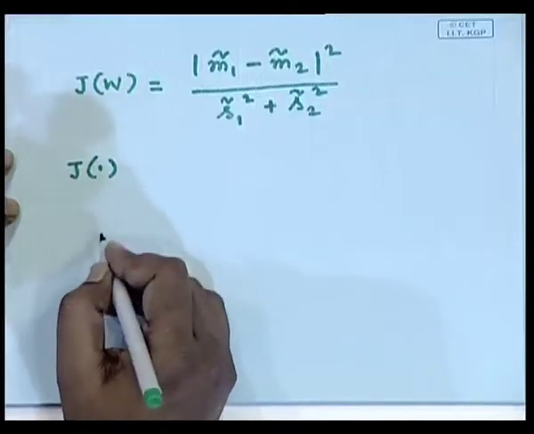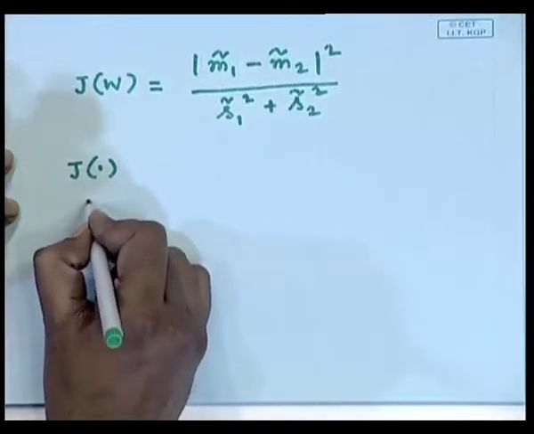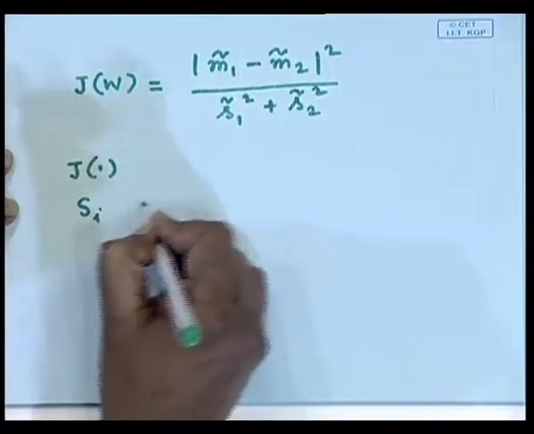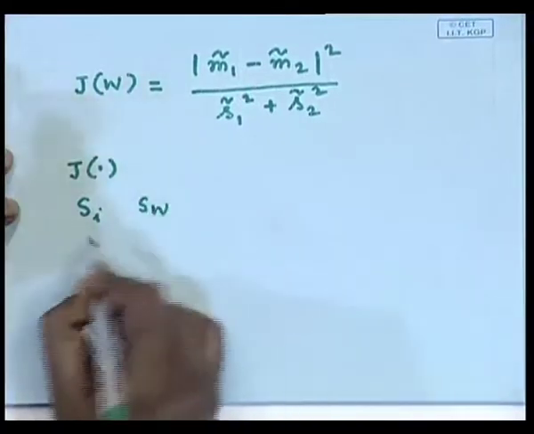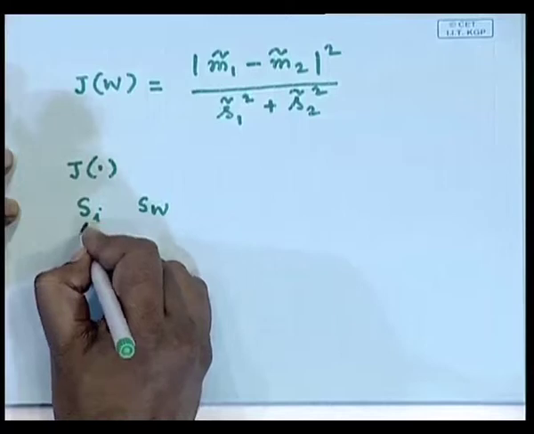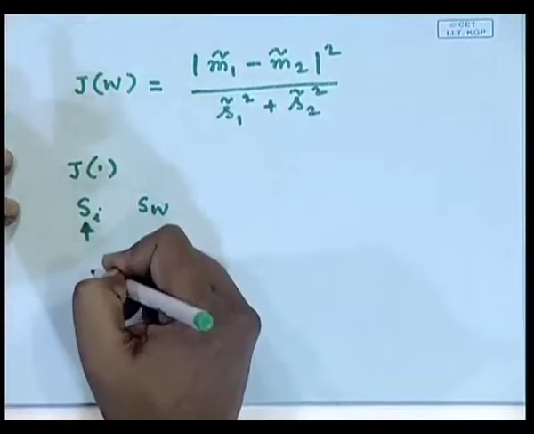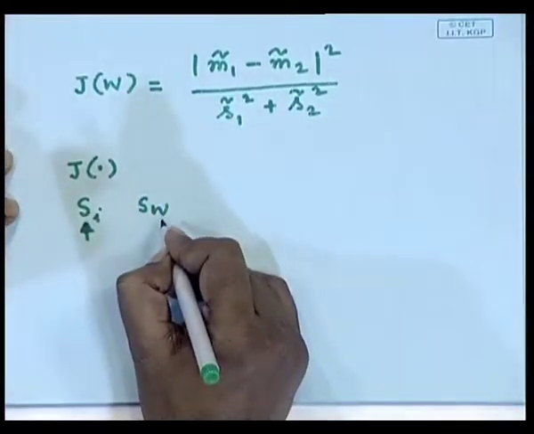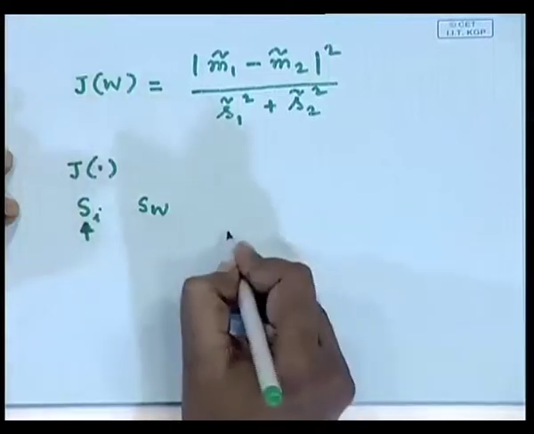First, we define scatter matrices. One is S I and the other one is S W. I will say S I is the scatter within the ith class, and S W is the total within class scatter.